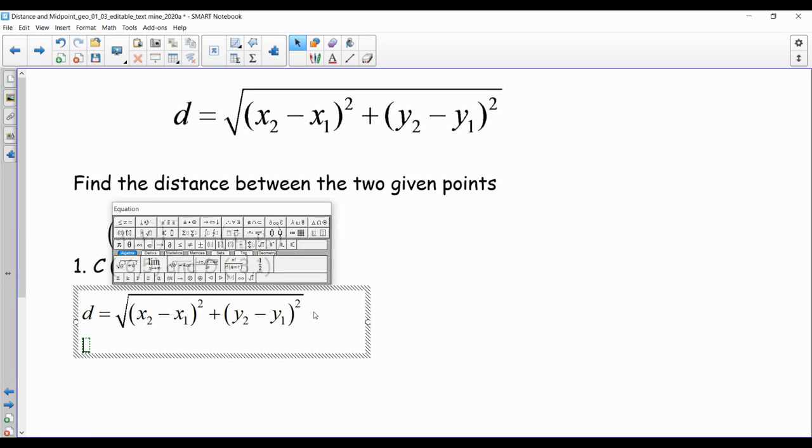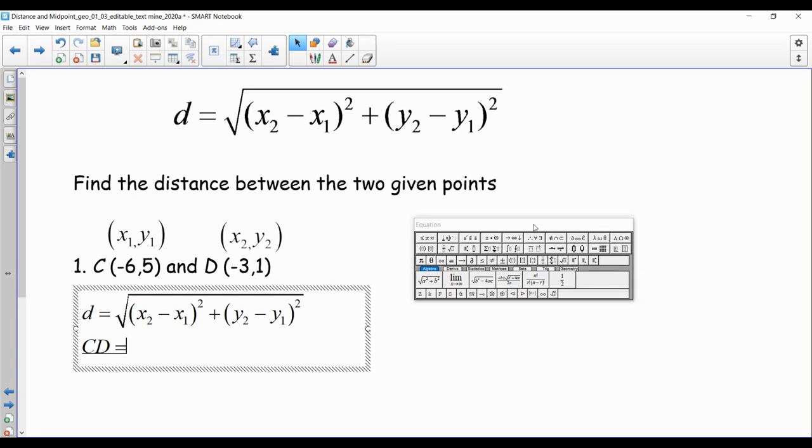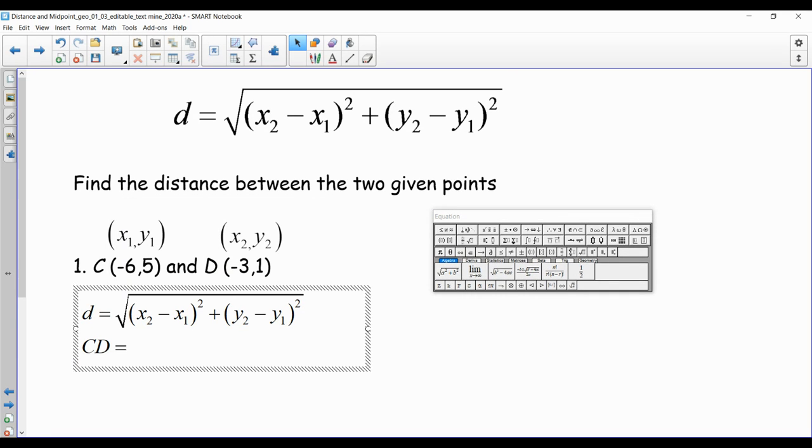But I know D is not D, it's CD, which is what we're looking for, equals. I'm going to move this out of my way. Let me put that in there. Square root of, now what do I have? X2 minus X1.